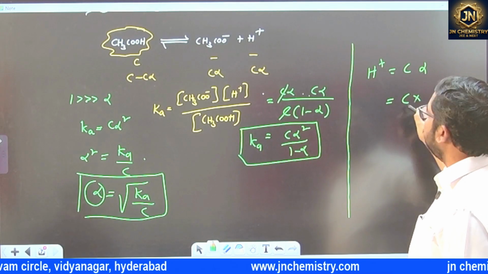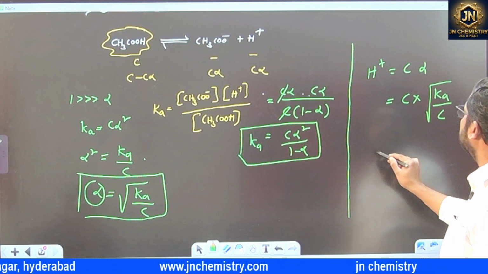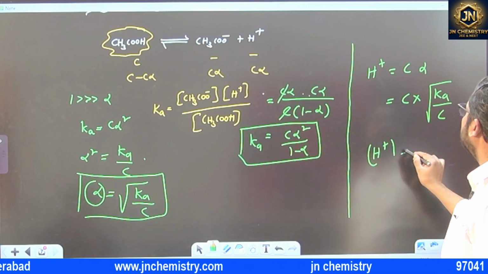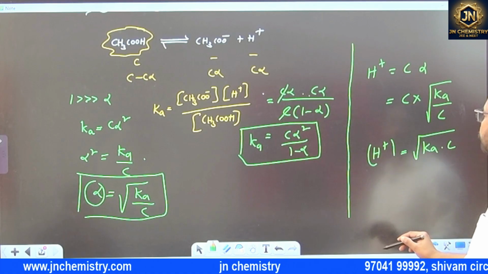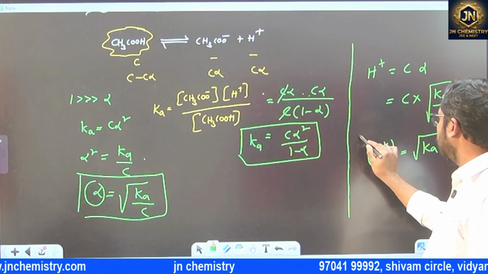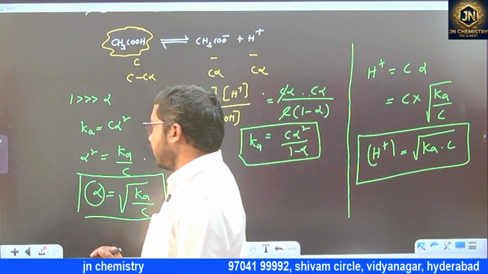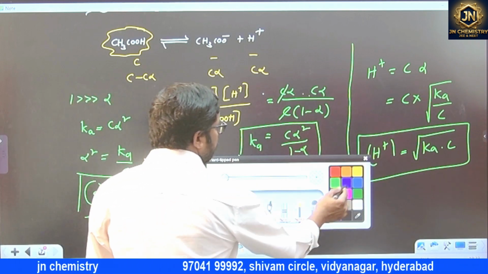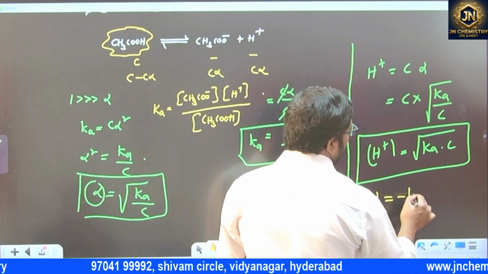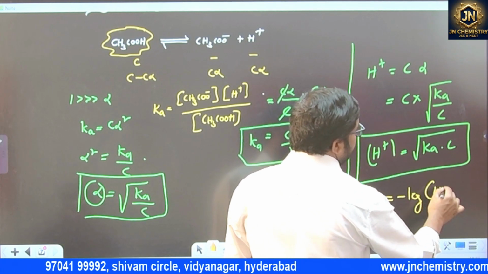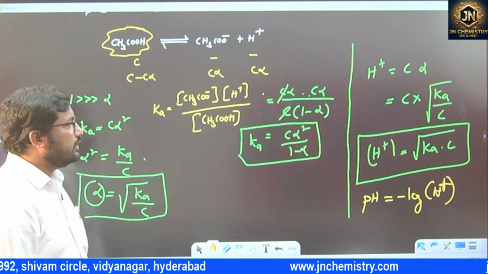C into alpha means C into under root Ka by C. So the H plus ion concentration is equal to under root Ka into C. This is very important to solve the numericals. The pH is equal to minus log H plus ion concentration, which I am going to discuss shortly, what exactly pH is and all those things.